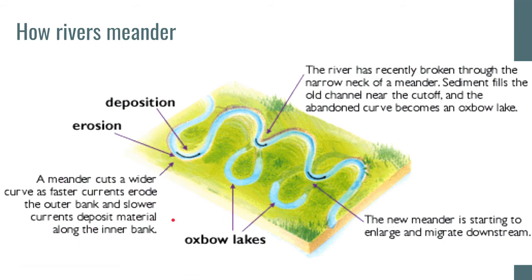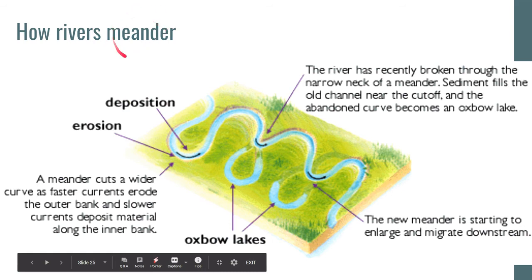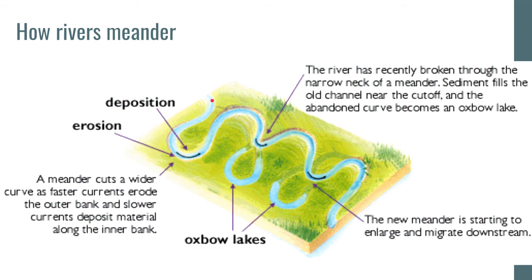One good way to visualize the relationship between erosion and deposition is by looking at how rivers meander, or curve. As you can see here, on the part where the body of water is touching the land, this is where mostly the new materials are deposited.